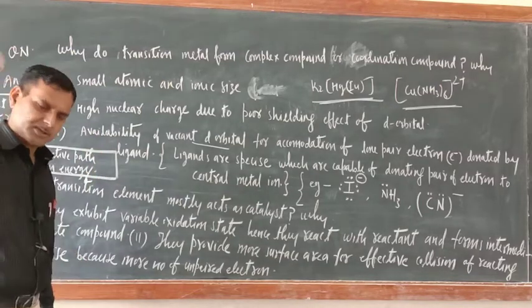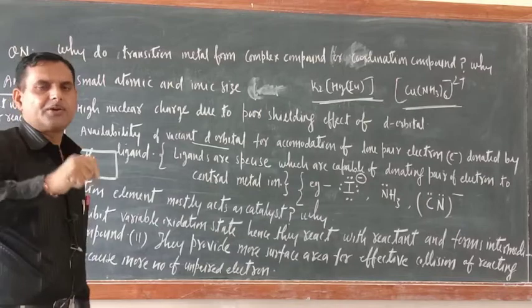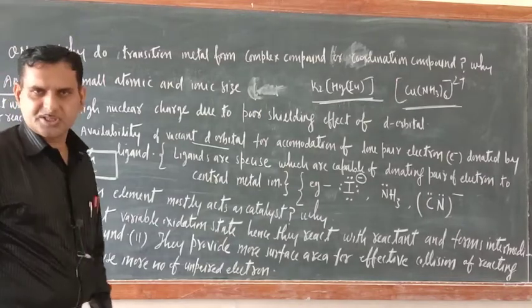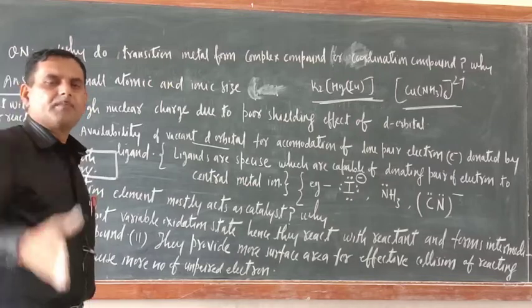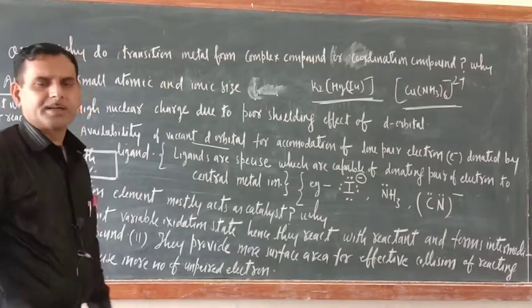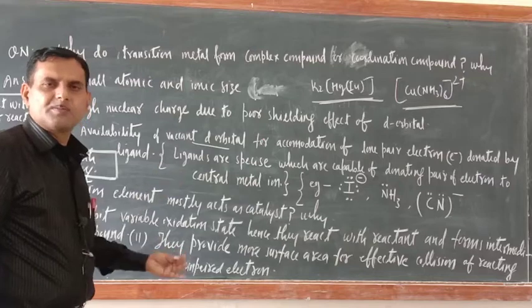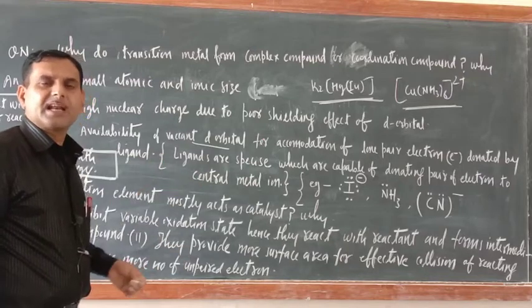Now see, in the Haber process, N2 plus 3H2 gives 2NH3. What is the catalyst there? Iron is the catalyst, and molybdenum is the catalytic promoter. So the catalytic promoter also belongs to the transition elements only.